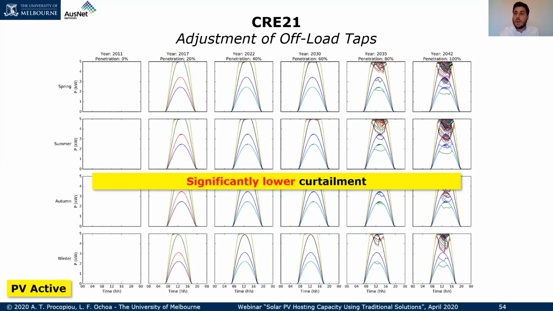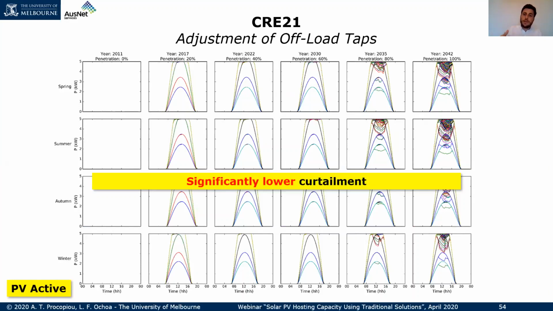This is, of course, because with the offload tap changes, we're able to reduce the voltage level, and the magnitude was significantly lower than before. The Volt-Watt functionality was seeing lower voltage levels and therefore was not triggered.